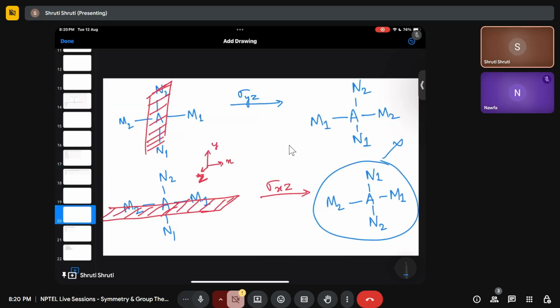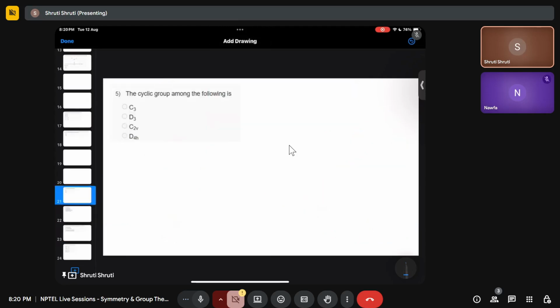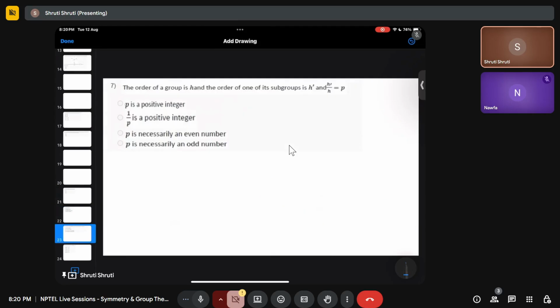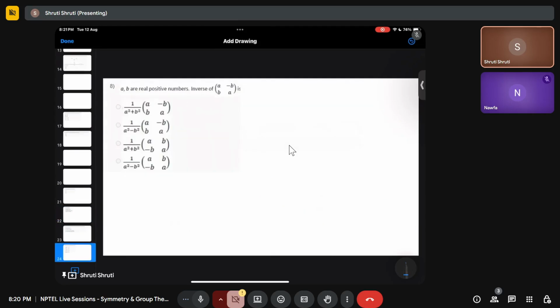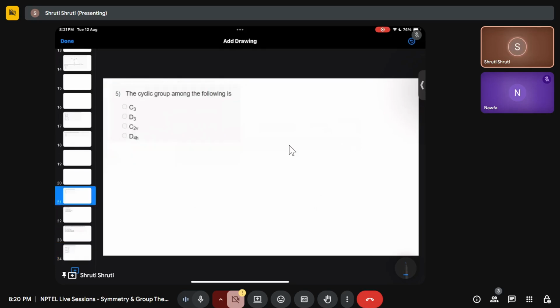Clear? Are you able to imagine the planes? Okay. What about this?